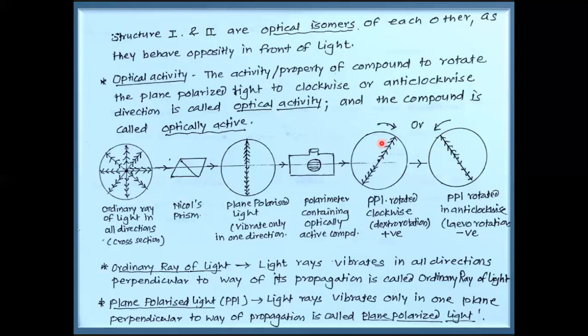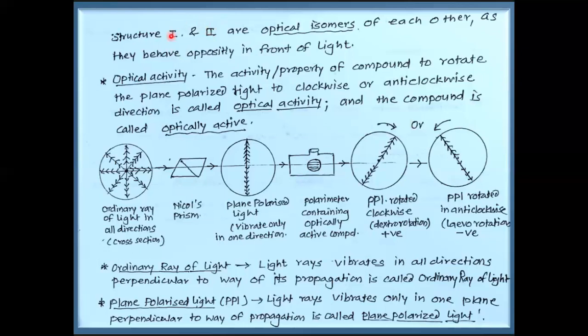If it rotates the plane polarized light in the clockwise direction, then its optical isomer, its stereoisomer, that is its mirror image, rotates the PPL in the anti-clockwise direction.